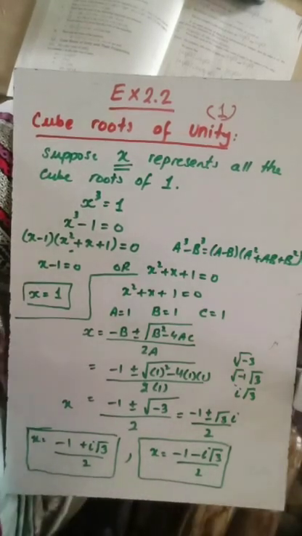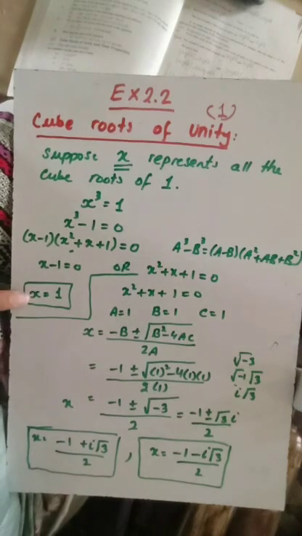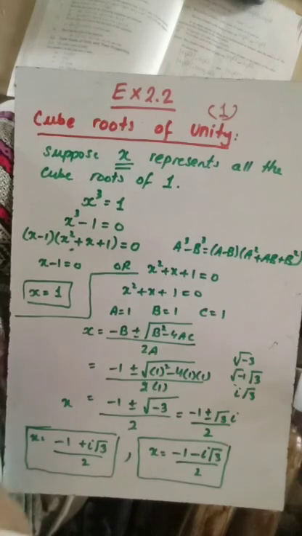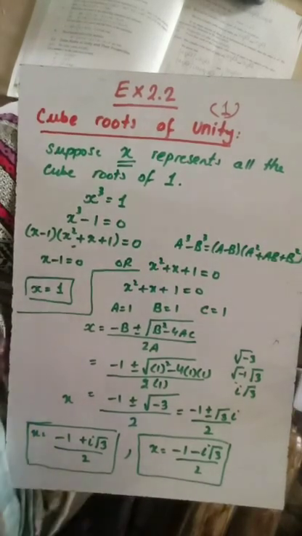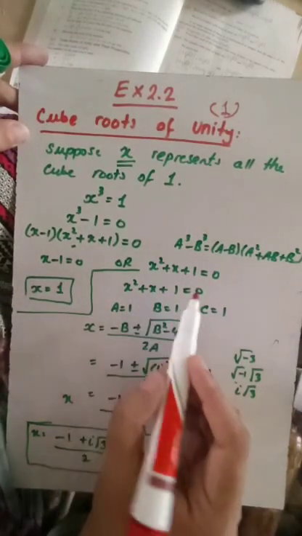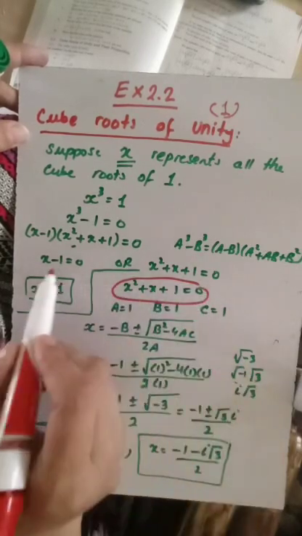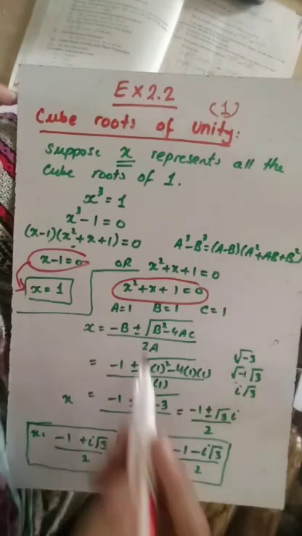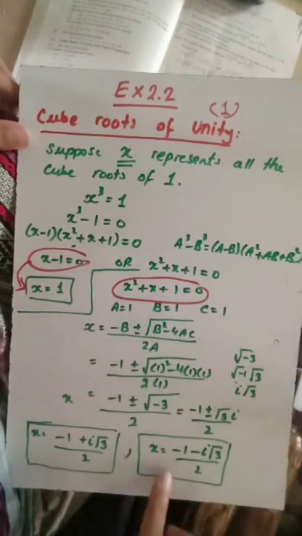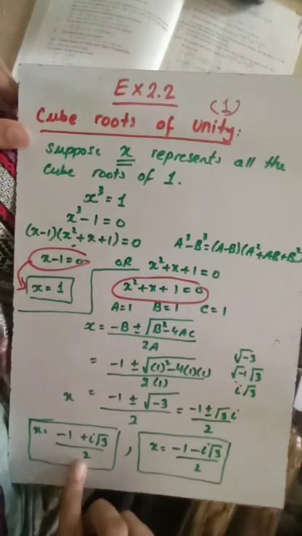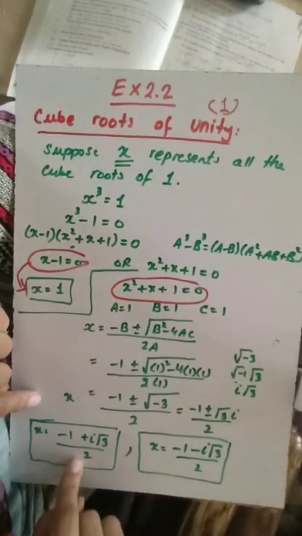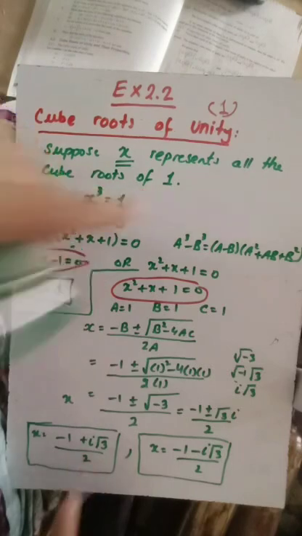So we have got three numbers: one which we already knew, that gives us the cube 1, and the other two roots that we found from the quadratic equation. From the first factor we got x equal to 1, and the second factor gave us two complex numbers whose cube is equal to 1. If you take the cube of these numbers, you can easily verify that their cubes will be equal to 1.